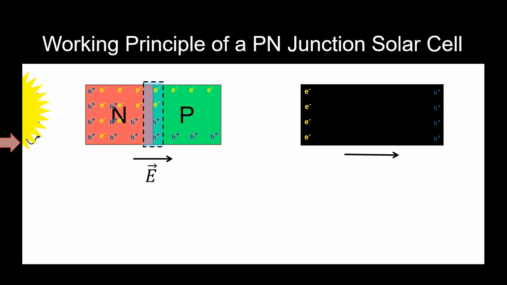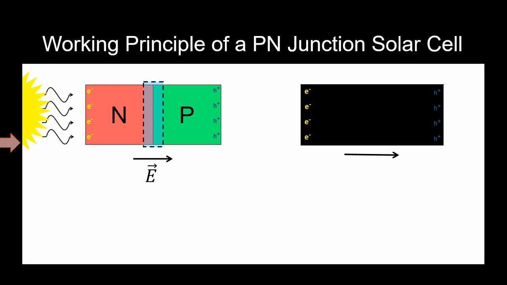Same thing happens in the PN junction diode. Due to the electric field at the junction, the electron hole pairs generated by the light which was incident on the device were drifted towards the metal contacts or towards the electrodes.